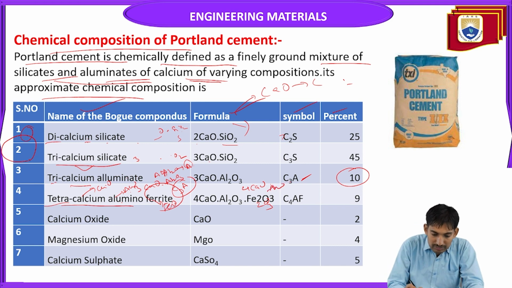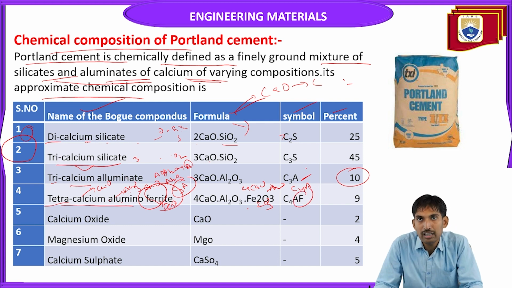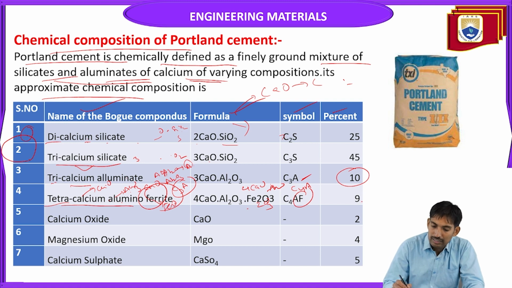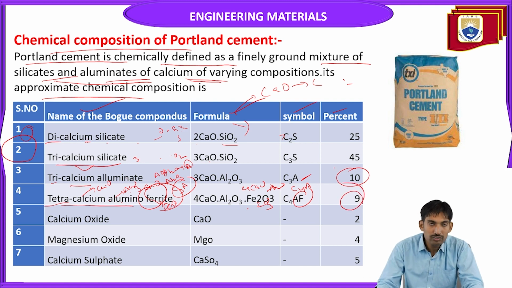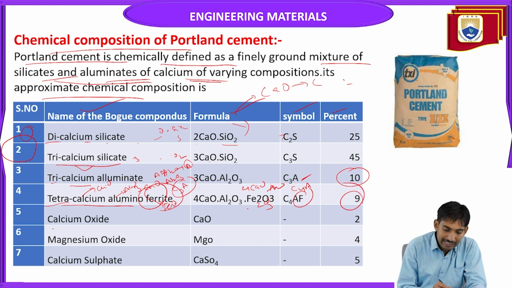The short form is C4 for tetracalcium, A for aluminum, F for ferrite: C4AF. This is the short form of tetracalcium aluminoferrite. It contains 9%.